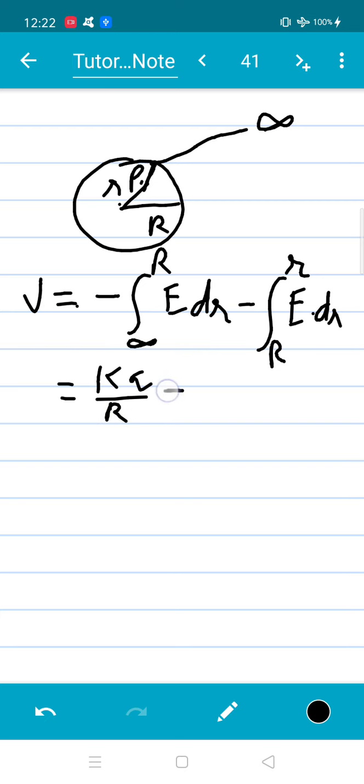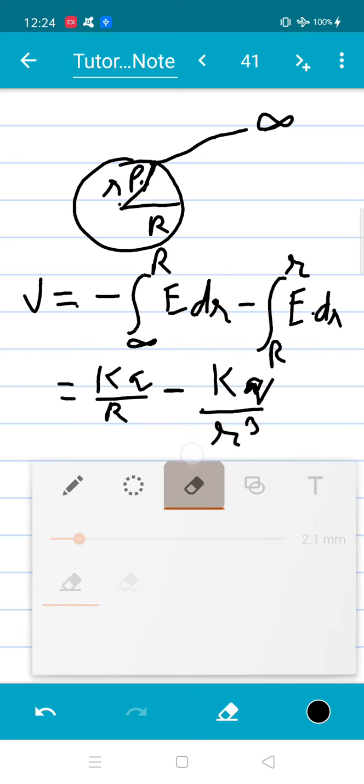But for the second, we should recall that the electric field intensity inside a non-conducting sphere is equal to kq upon r cube. It is not divided by r square, it is divided by r cube. Or rather it was capital R, I'll just correct it.